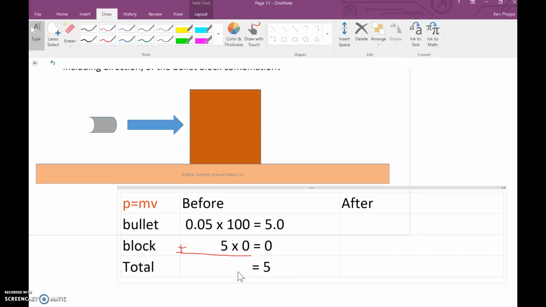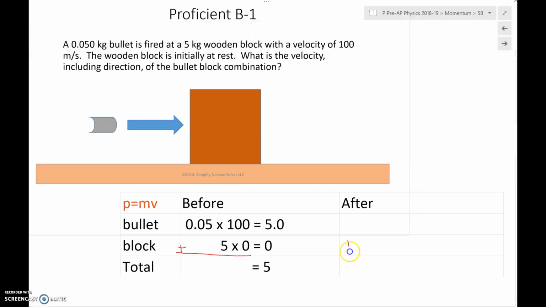We're going to do the same basic idea on the other side. We're going to take the two after amounts and add them up, and that'll give us our total. Afterwards, let's think about this one. I have the masses, but I don't have a number for the velocity.